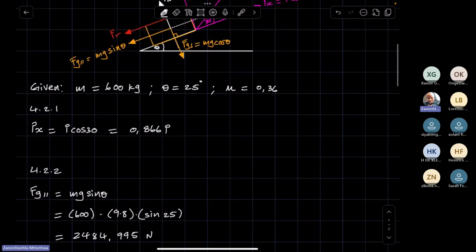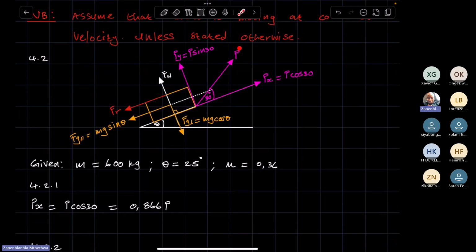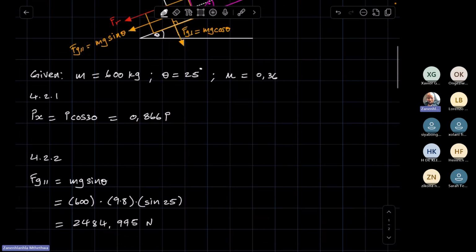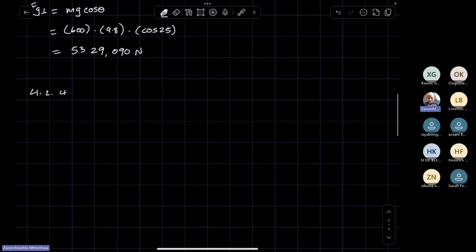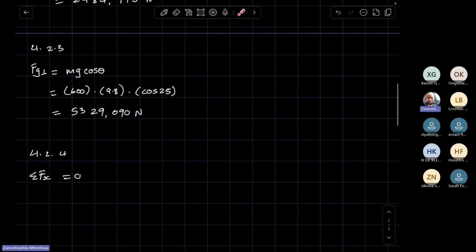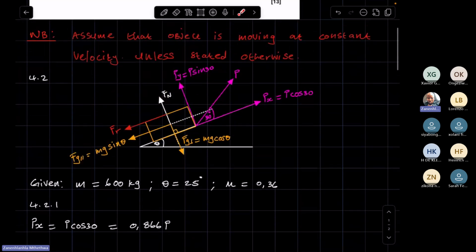So you simply apply conditions of equilibrium: the sum of forces in the x direction is equal to 0 because this is moving at constant velocity. Now we look at forces in the x direction.